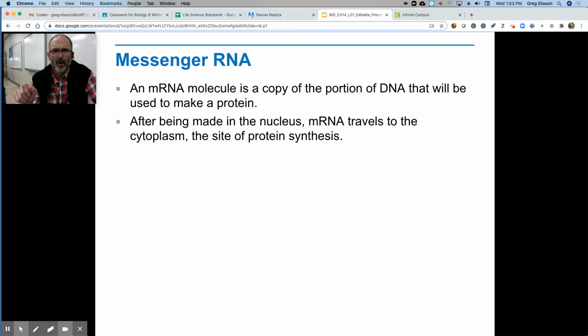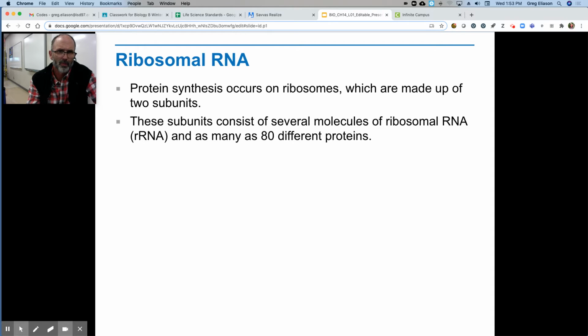An mRNA molecule is a copy of the portion of the DNA that's going to be used to make a protein. So mRNA is made in the nucleus, and then it travels out to the cytoplasm, to the site of protein synthesis.